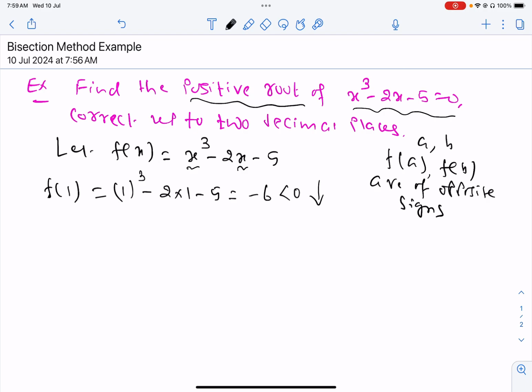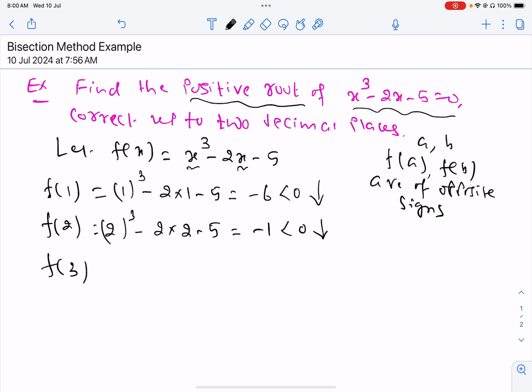Then let us find f of 2. So f of 2 is 2 cube minus 2 into 2 minus 5, and you will get minus 1. So still it is negative.